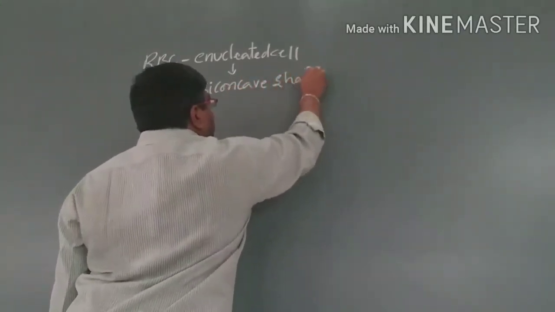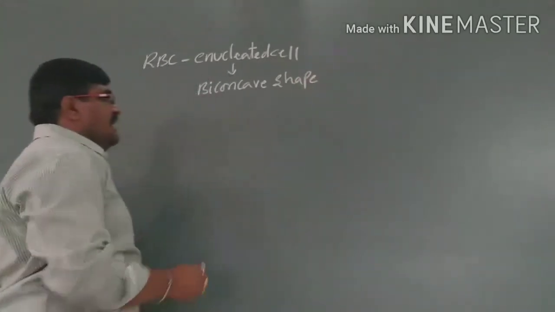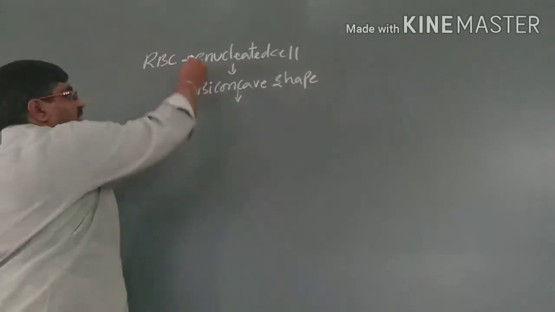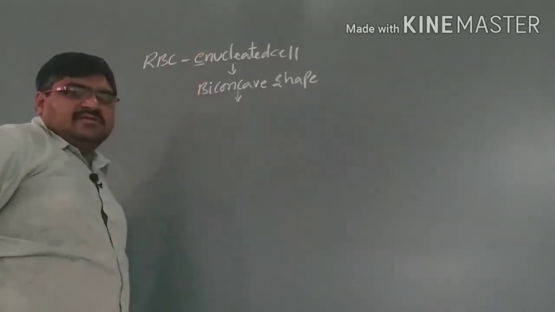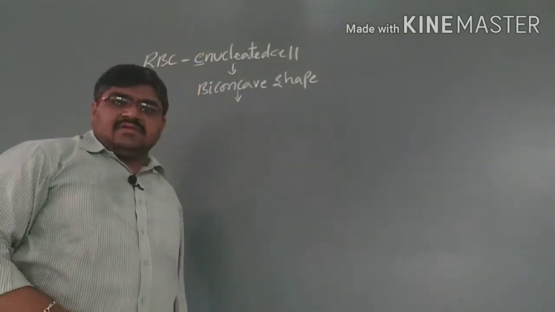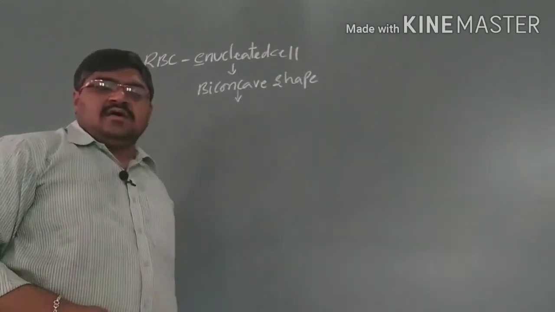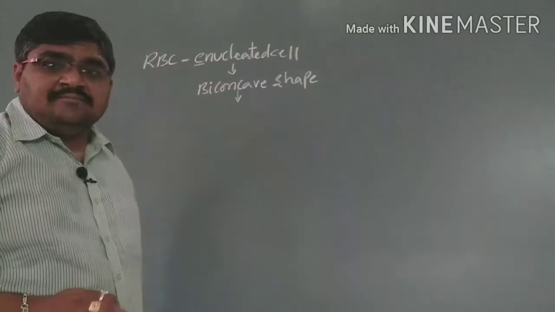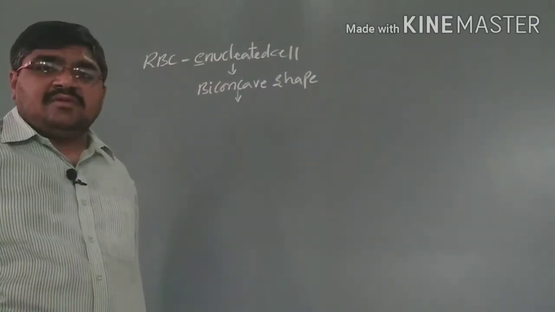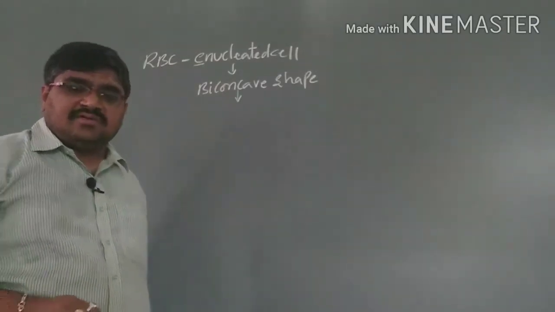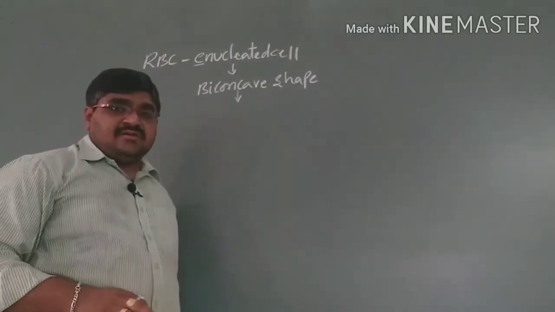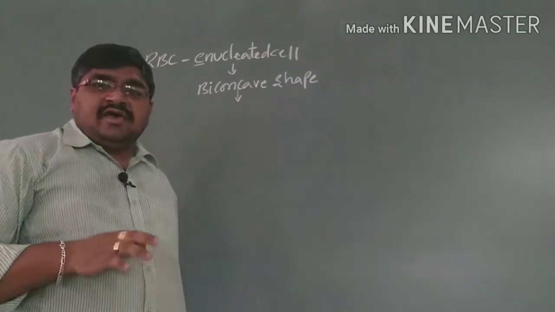All the cell organelles are absent. Enucleated means that a definite nucleus is not present in mature RBCs; the nucleus is absent.